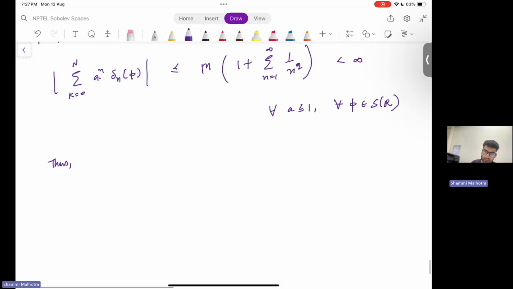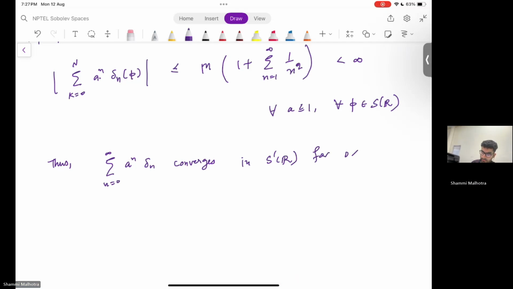Thus, this implies the summation n from 0 to infinity of a raised to the power of n delta_n converges in S'(R) for all a in (0,1].